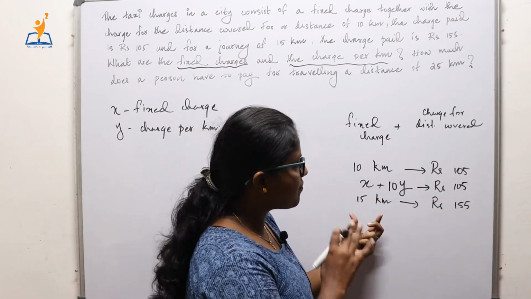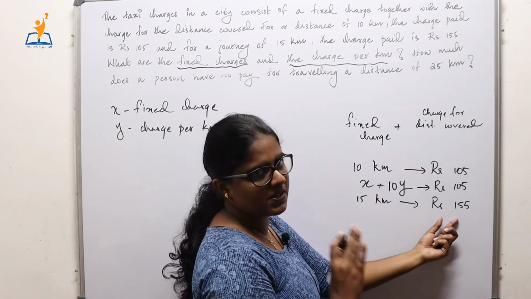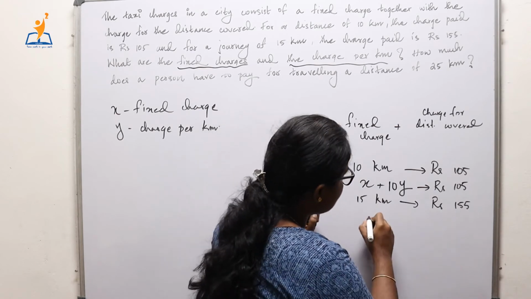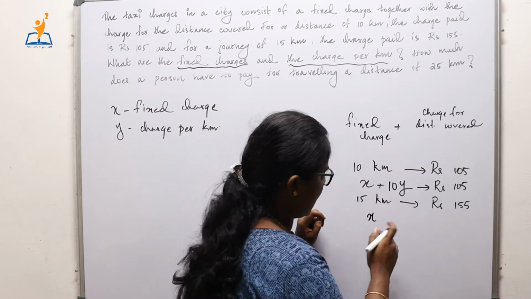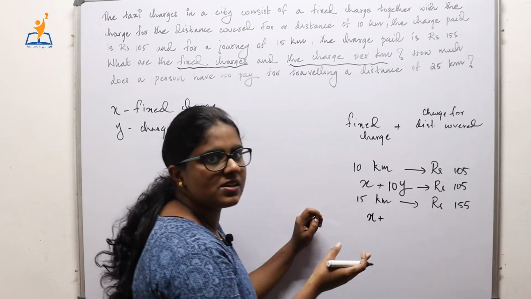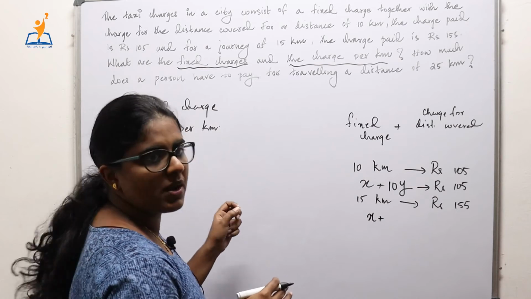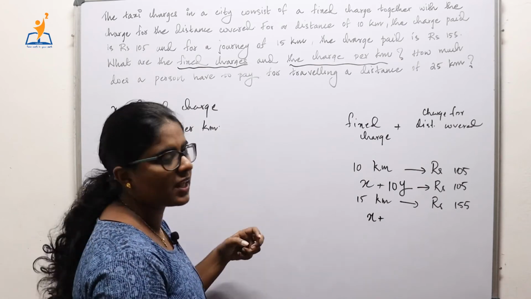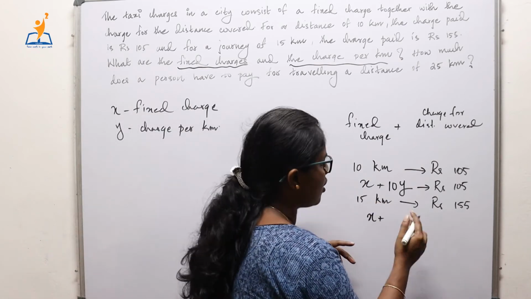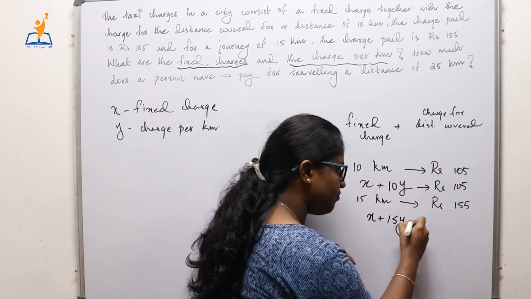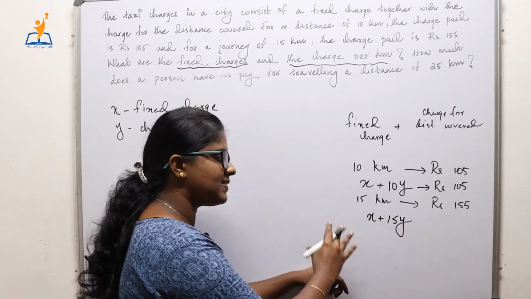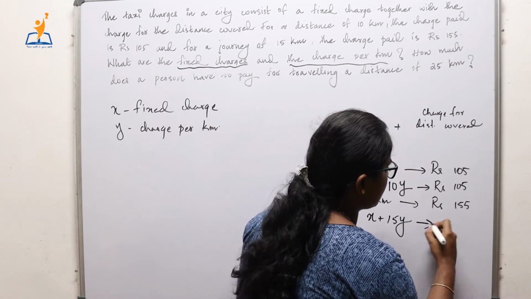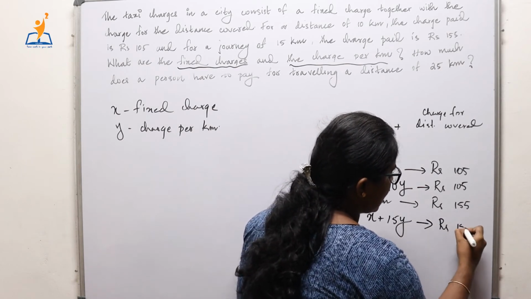Here also for 15 kilometers one has to pay rupees 155. There will be a fixed charge, that is x, and for 15 kilometers we have to pay the charge per kilometer, that is y rupees per kilometer. That is, for 15 kilometers we have to pay 15y rupees. So together x and 15y will become rupees 155.